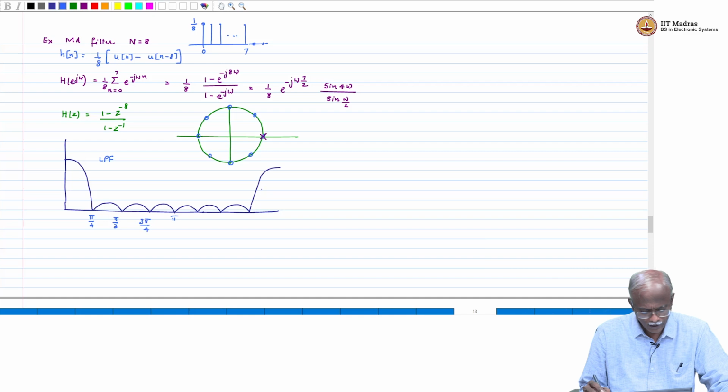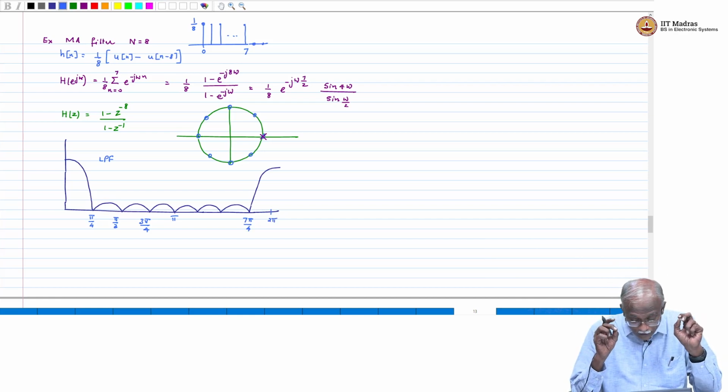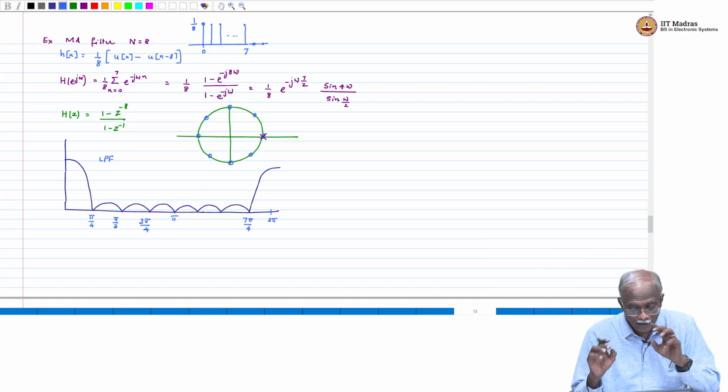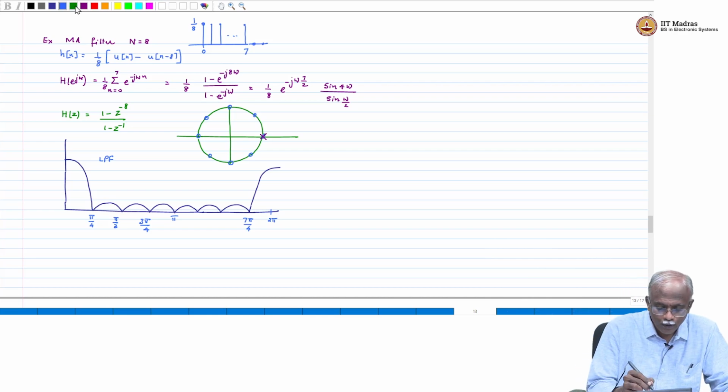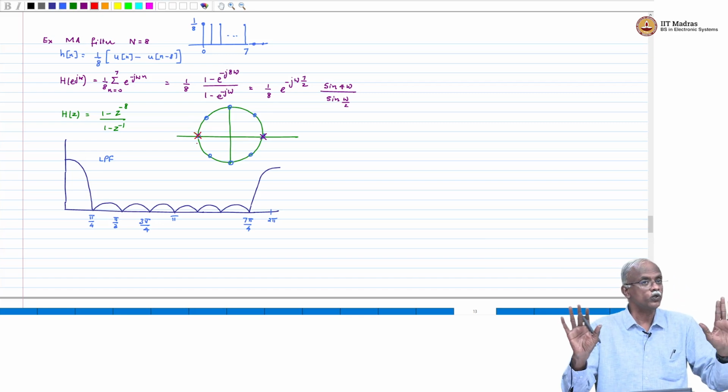This will be 7 pi by 4, and here is 2 pi. So this is a low pass filter. Now, just so that you are comfortable in visualizing it, suppose there was a pole-zero cancellation which cancelled out this zero. That means there is no zero there.